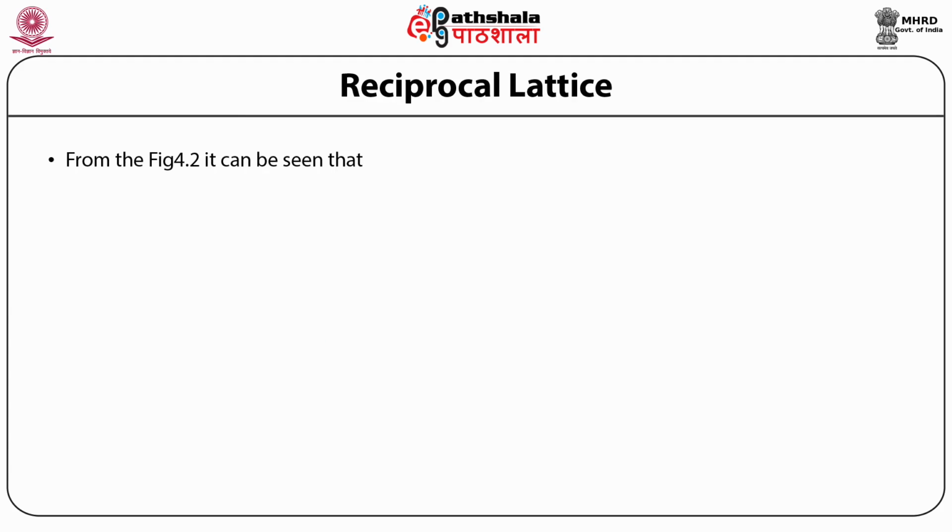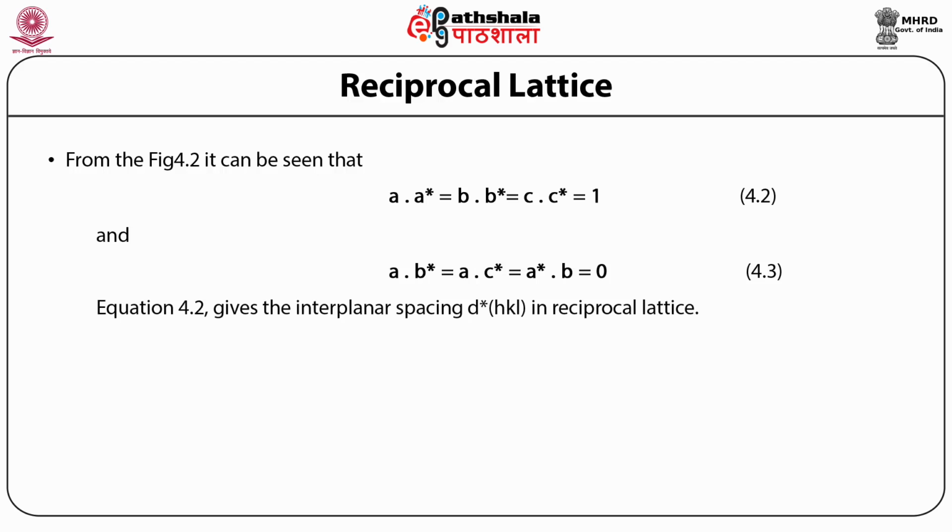From the figure and from the definition of these reciprocal lattice vectors in the real space and reciprocal space, one can easily infer that A dot A star equals B dot B star equals C dot C star, which equals 1 as given by 4.2, and A dot B star equals A dot C star equals A star dot B, which equals 0 as given by equation 4.3. Equation 4.2 gives the interplanar spacing D star of HKL in reciprocal lattice.